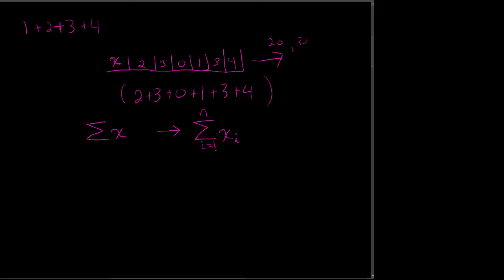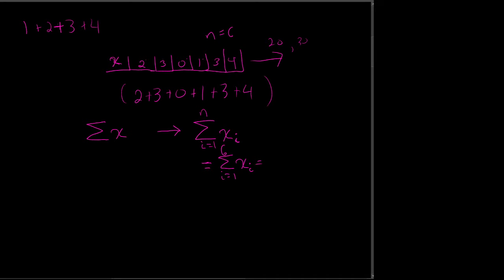So I'll show you what this expands out to. Let's see, how many do we have here? We have 1, 2, 3, 4, 5, 6. And so n equals 6. There are 6 things. So I could say that this sum is i equals 1 to 6, x sub i.